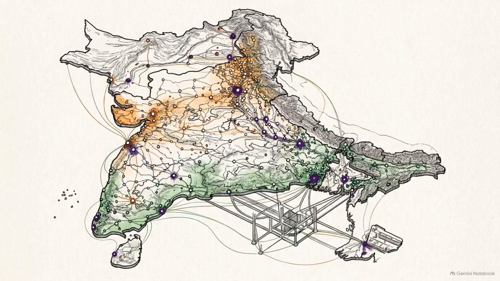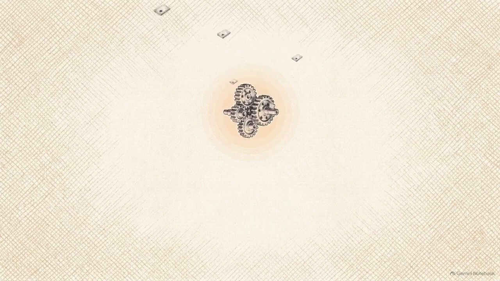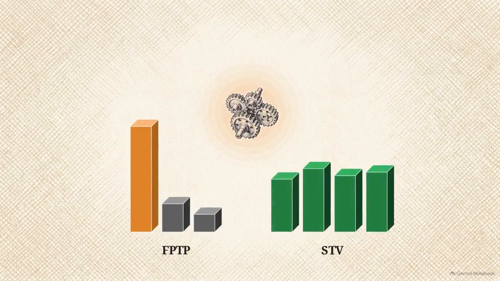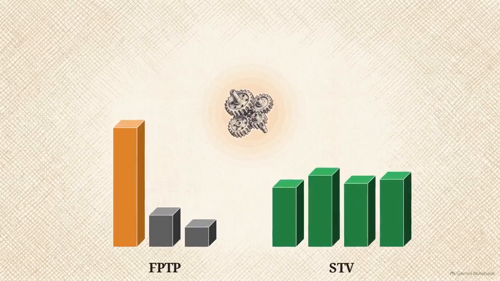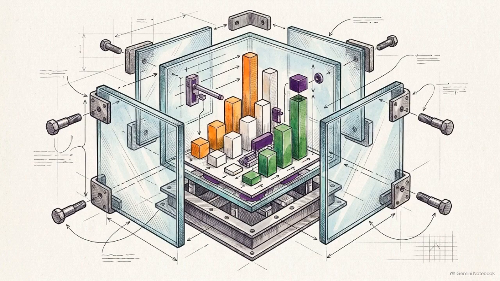When you look back at that baseline number, 968 million eligible voters spread across an immensely diverse geography, the necessity of this strict architecture becomes clear. The mathematical mechanics of first-past-the-post and the single transferable vote serve as the engine, calculating the raw distribution of political power. The statutory laws, specifically the Representation of the People Act and the Delimitation Commission, act as the rigid container, ensuring those numbers remain fair and uncorrupted over time.